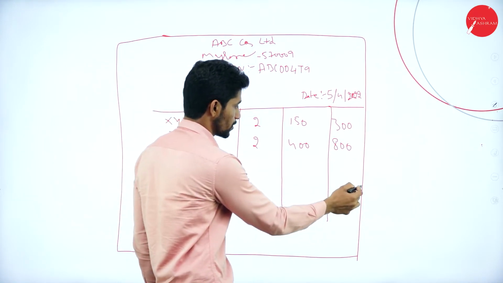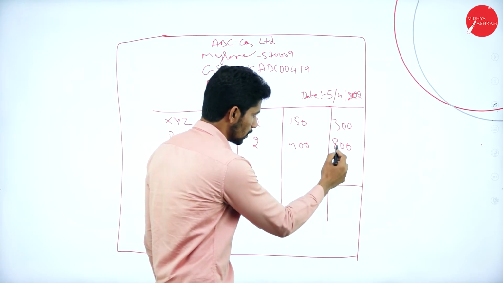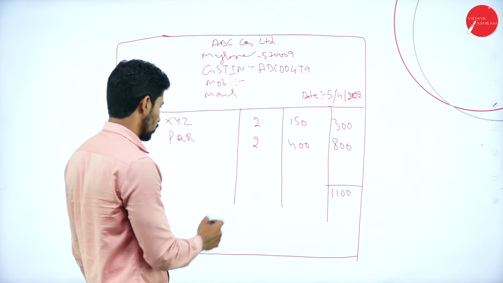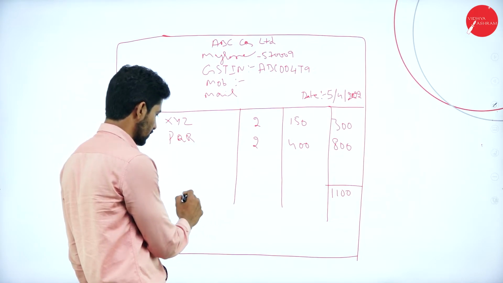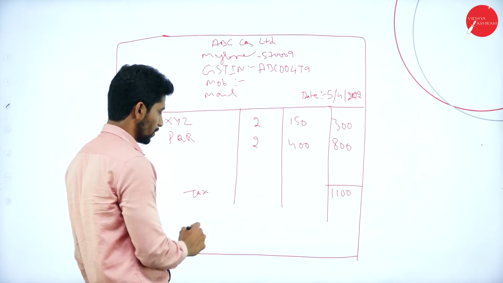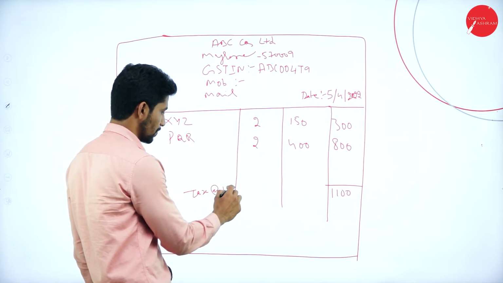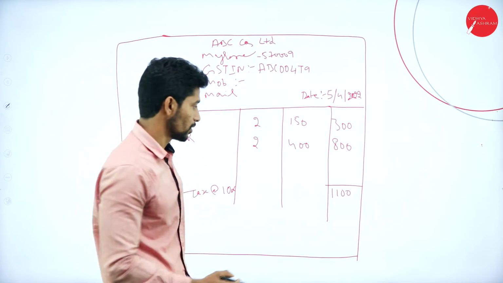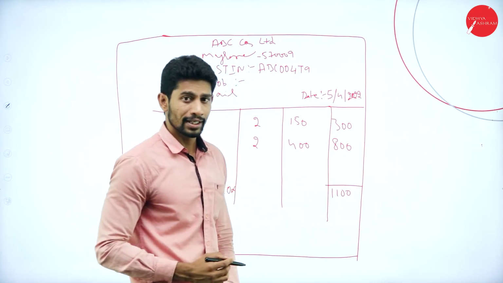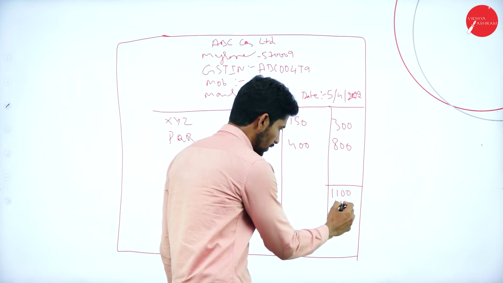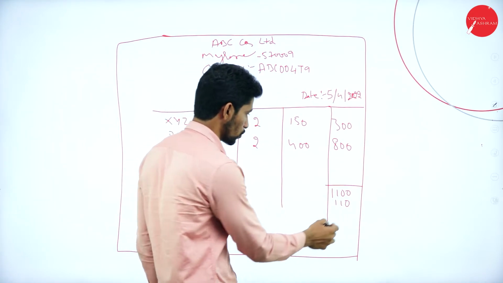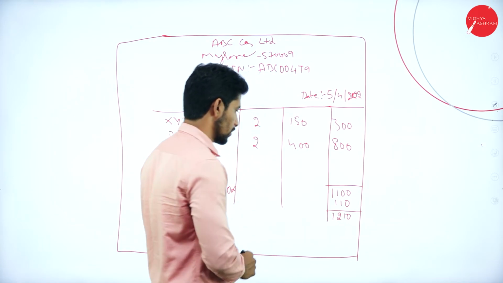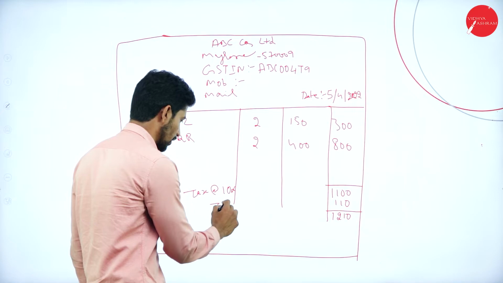The total of this comes to 1100. Now they have to mention the rate of tax. Let us assume the rate of tax applicable is 10%. So on 1100, tax is 110. Now the total you will get is 1210. So that is the total value.